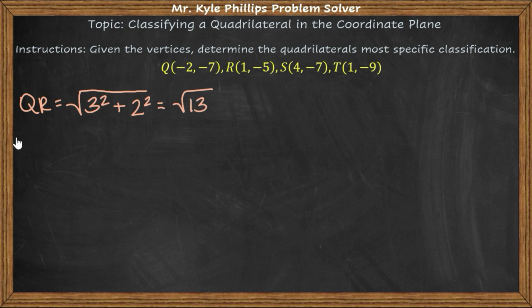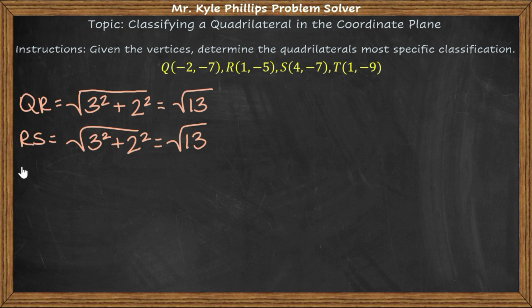And now I'll do R to S. 1 to 4 is 3, and -5 to -7 is 2. So again, we have the square root of 13. S to T: 4 to 1 is 3, and -7 to -9 is 2.